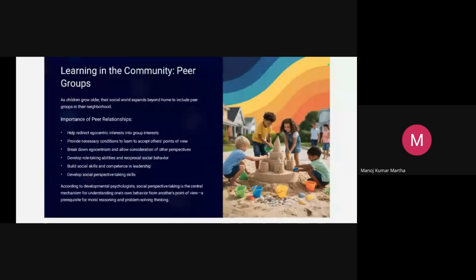They break down egocentrism and allow consideration of other perspectives, develop role taking abilities and reciprocal social behavior, build different kinds of social skills, develop interpersonal relationships and social perspective taking. Everything they learn from the group.